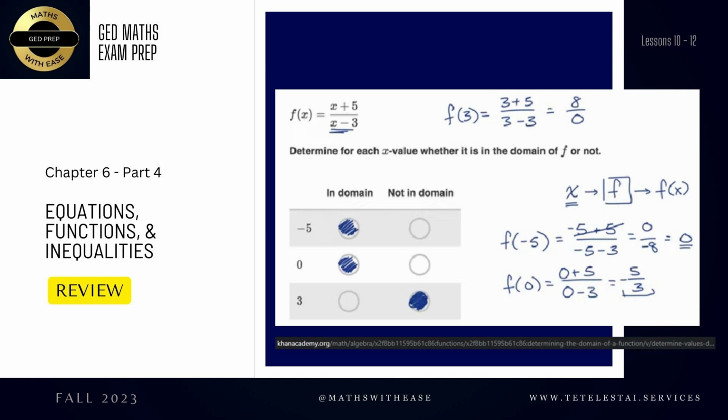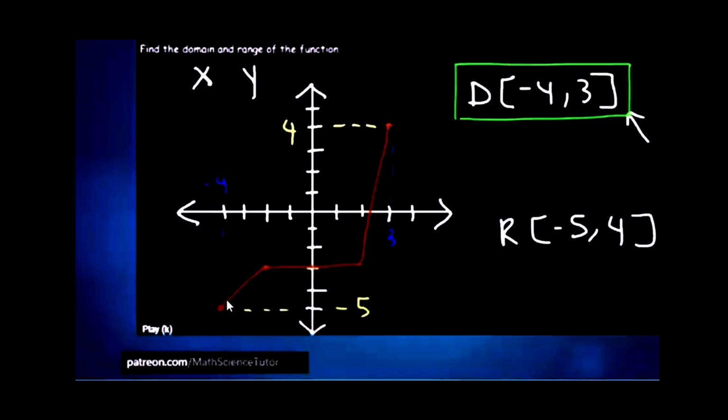All we're going to do is plug in our values to determine where this function is defined, or where this function has a solution. So here, if we go back to this graph, this function is defined along -4 to 3, the domain, and -5 to 4, the range. Why? Because at any point on the graph between the domain and the range that we just specified, if we stand at any point on this graph, we'll find an ordered pair, okay?